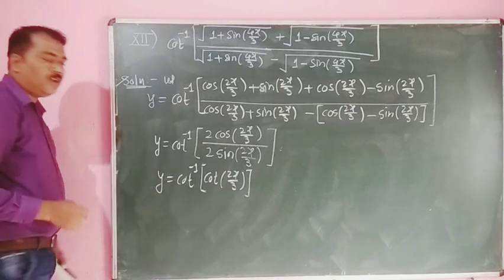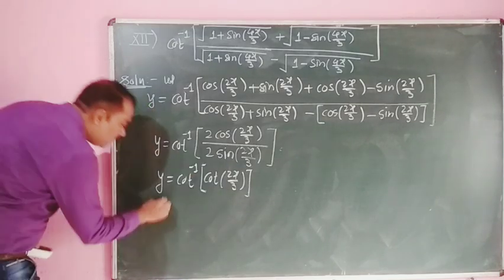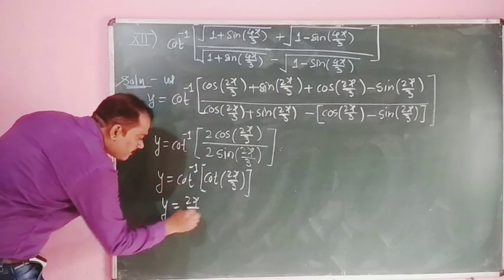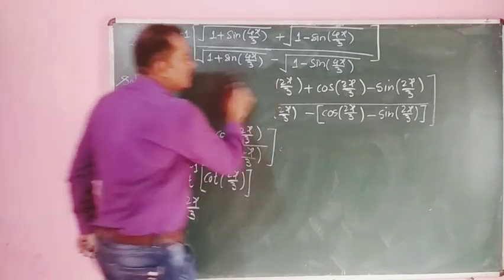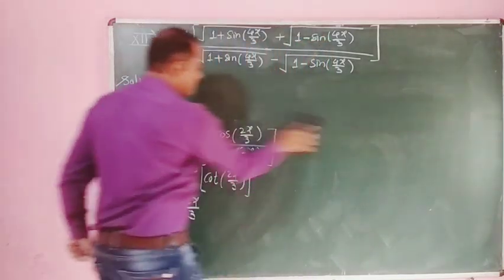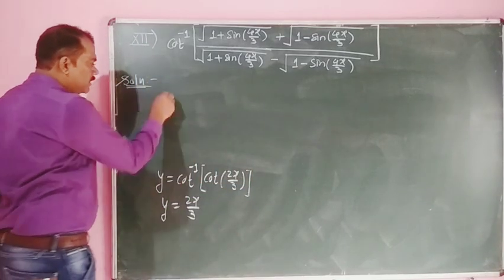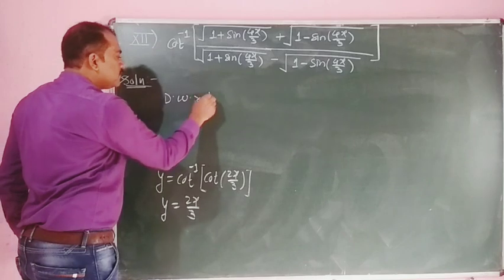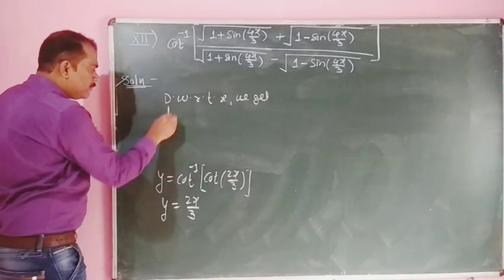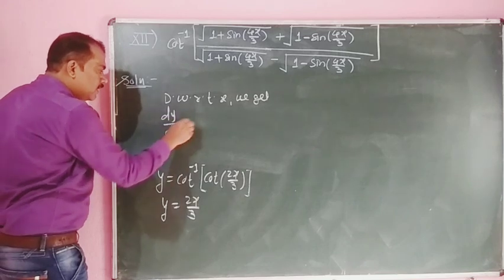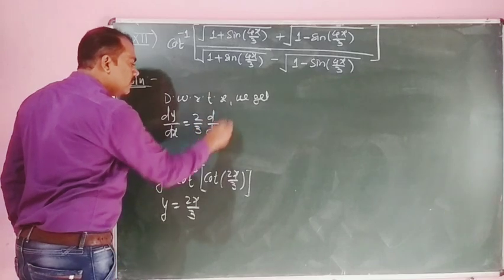Again, by using the formula, cot inverse of cot x is nothing but x, that is y is equal to 2x by 3. We have to differentiate this with respect to x, so we get dy by dx. 2 by 3 is a constant, we have to take it outside, into d by dx of x.